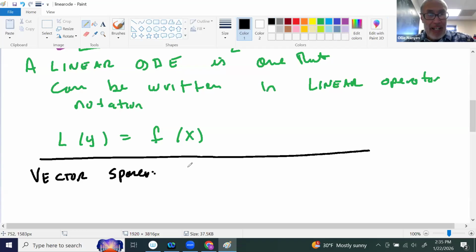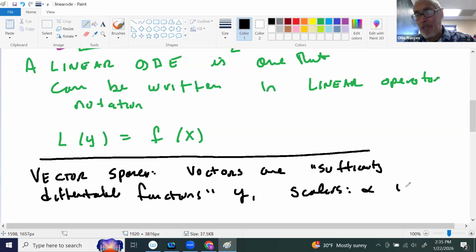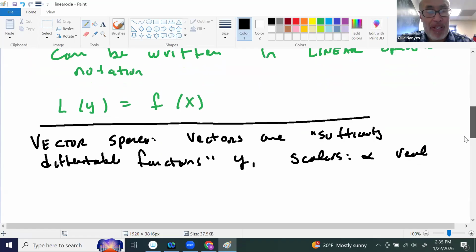And let's say the vectors are infinitely differentiable functions, or I'll just say sufficiently differentiable functions. And scalars, these will be, say, the real numbers, although in some applications, you can use complex numbers as well.